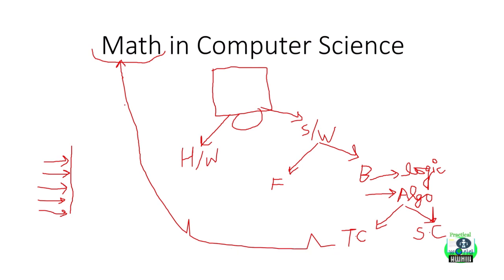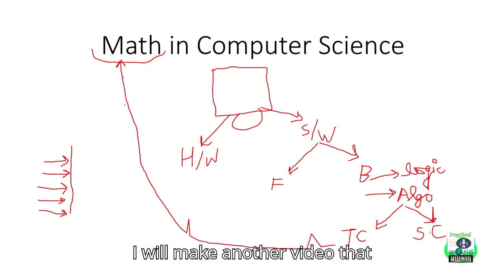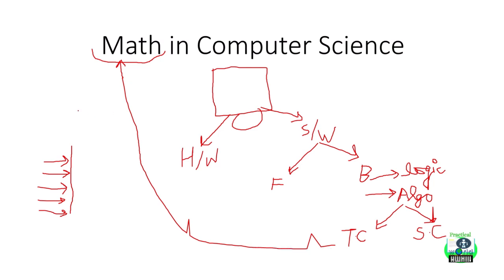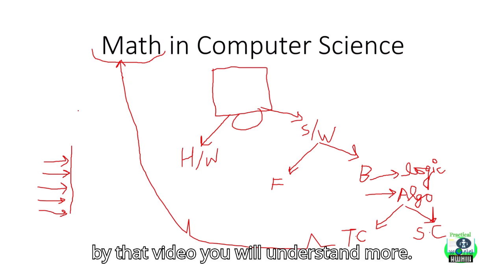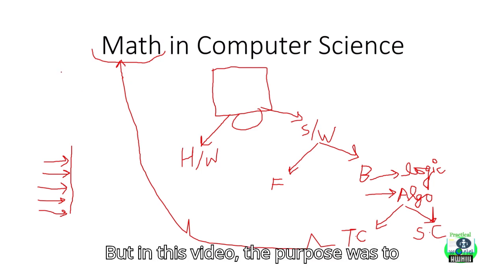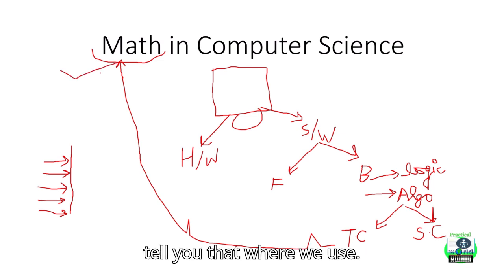I will make another video on how we calculate the complexity, because by that video you will understand more. But in this video the purpose was to tell you where we use it.